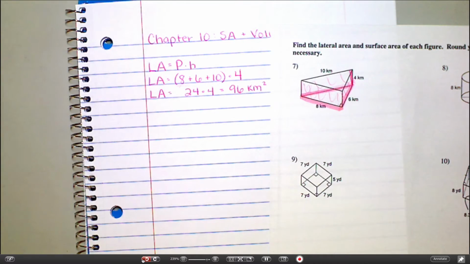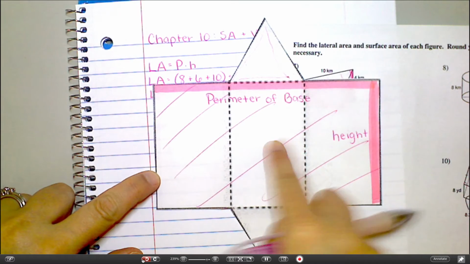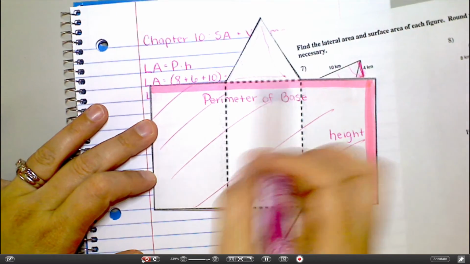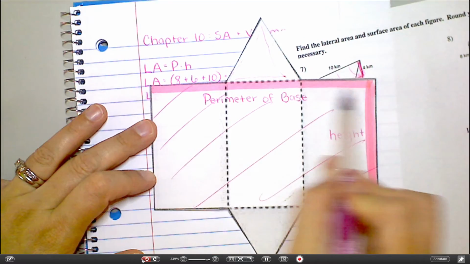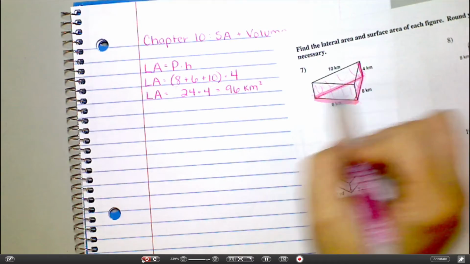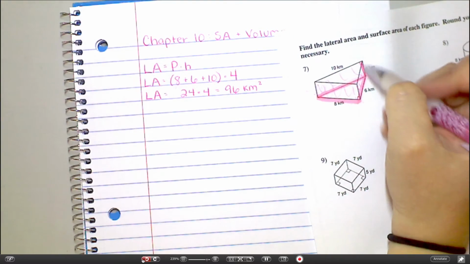I just counted this as one big rectangle. And I said, what is this whole length? Well, this whole length is going to be equivalent to that pink line around the triangle. And then the height is just going to be the height of the prism.